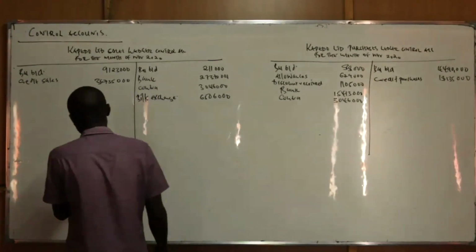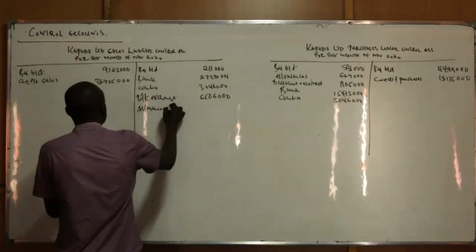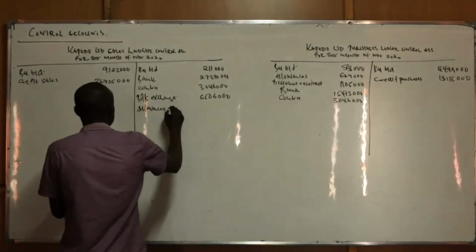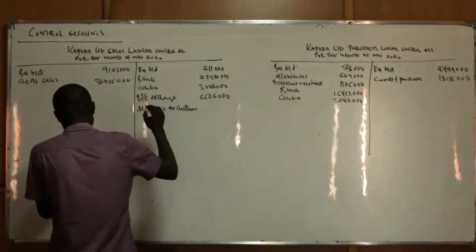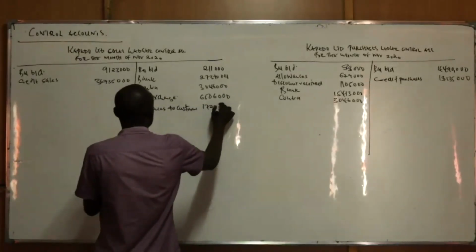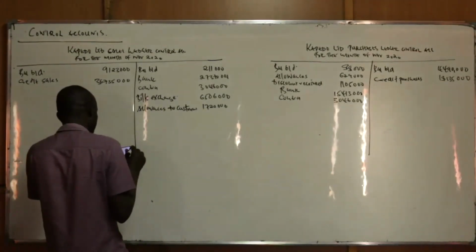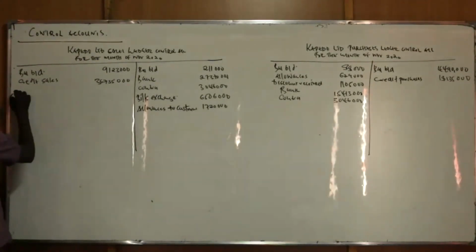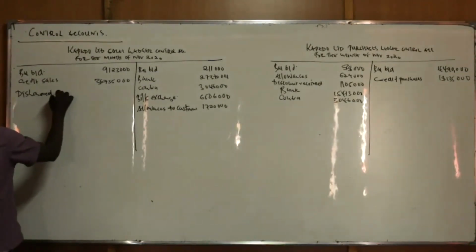Then allowances to customers here. How much is it? 1,720,000. So we have dishonored checks, isn't it? Customers take dishonored checks.